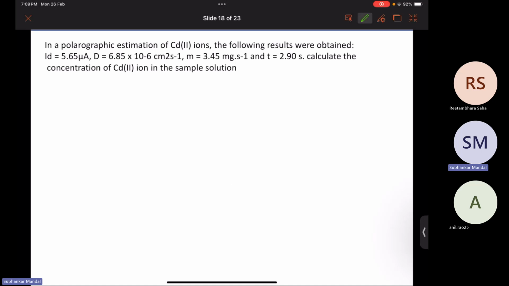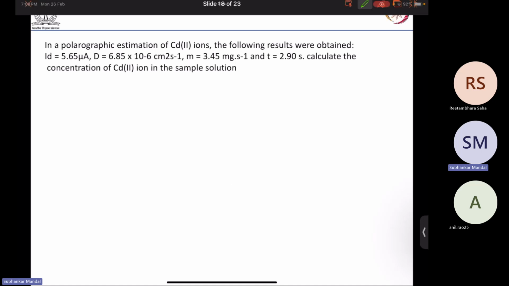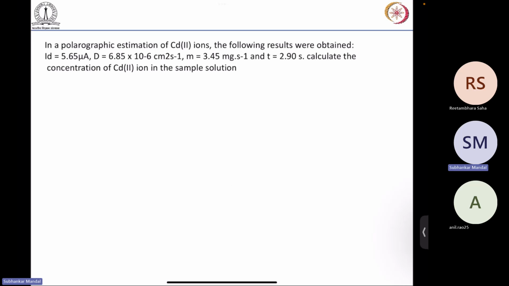In the polarographic estimation of cadmium 2 plus ions, the following results are obtained. The diffusion current Id is obtained as 5.65 microampere. The diffusion coefficient value is given, the mass is also given, and t is also given. Calculate the concentration of cadmium 2 plus ion in the sample solution. So it is the same Ilkovich equation.